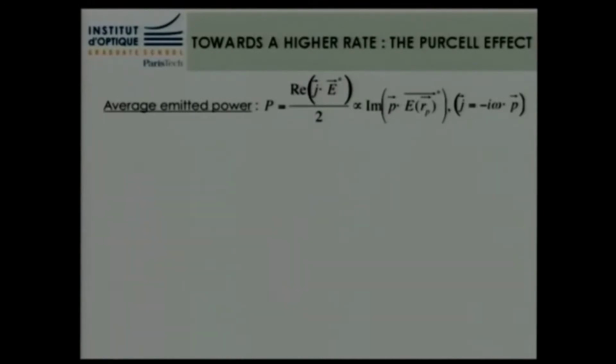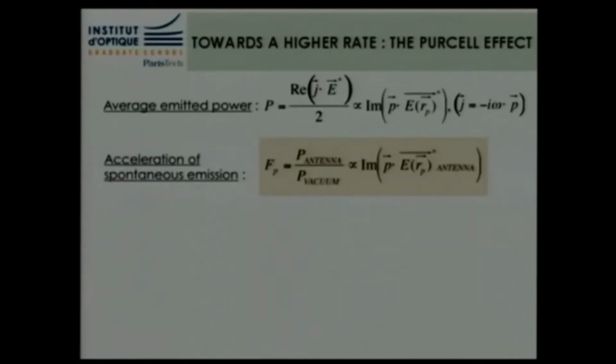When computing the average emitted power of a dipole, one can deduce an acceleration of spontaneous emission, an enhancement factor, which is proportional to the imaginary part of the scalar product between the electric dipole moment P and the electric field E at the position of the dipole.